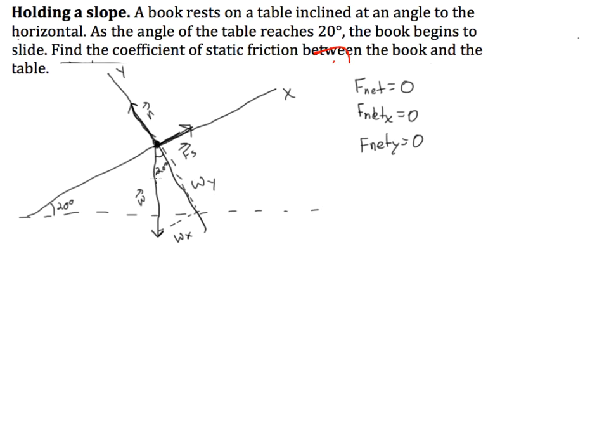So sine of 20 is going to be equal to opposite over hypotenuse. So we see the opposite of 20 is Wx, and we see that the hypotenuse is W. So we can say that Wx equals W sine 20.